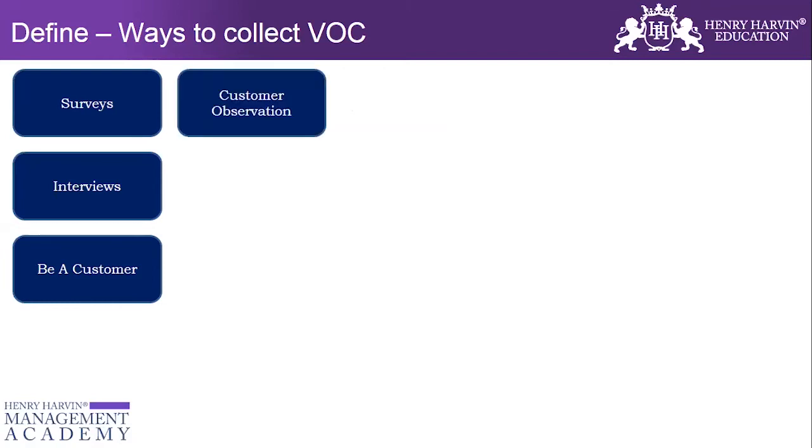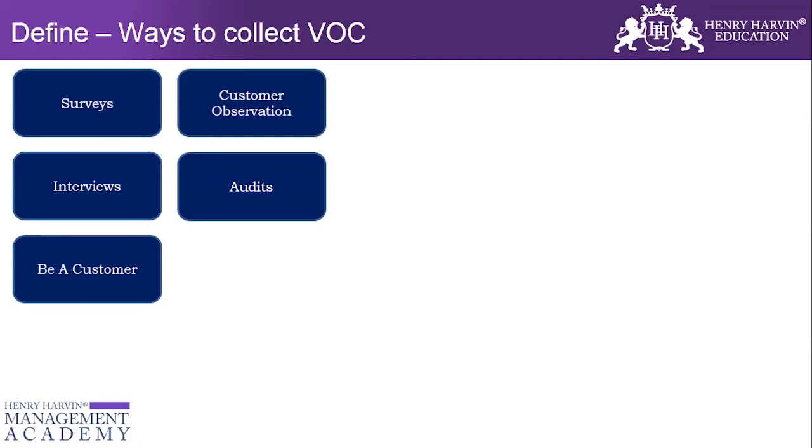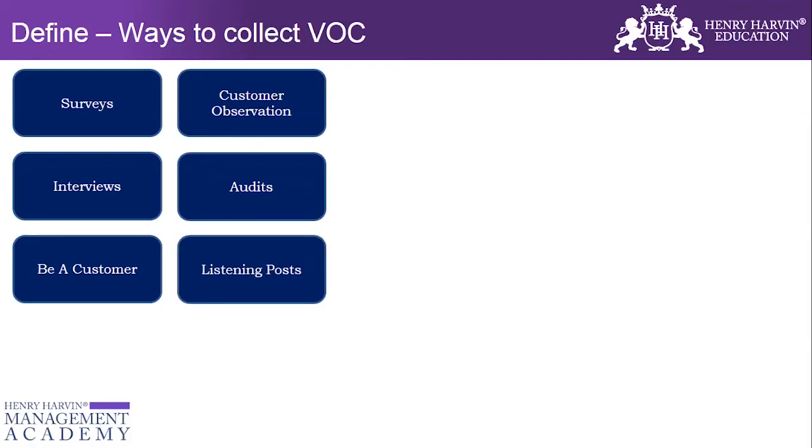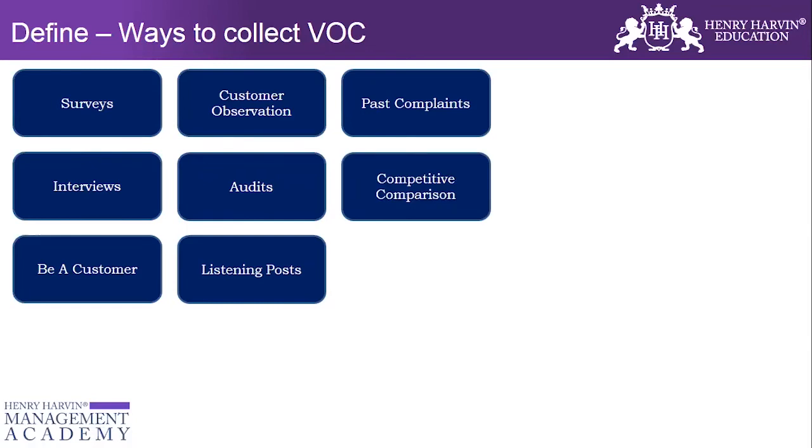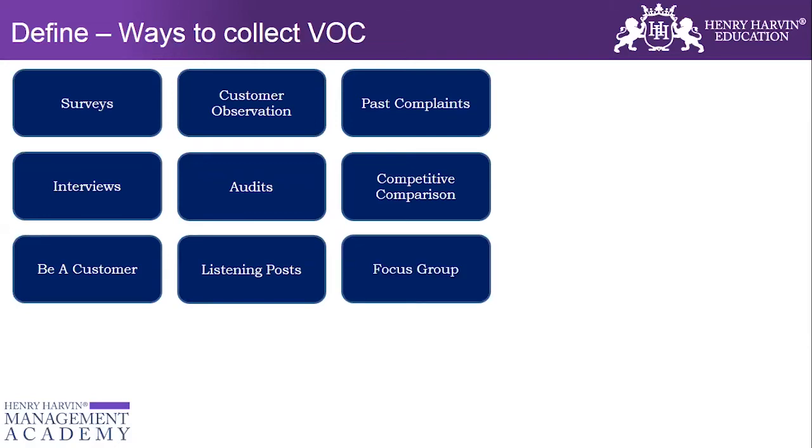Okay, how the surveys can help to collect VOC: the customer observation, interviews, there are some audits happening, and there are listening posts. Okay, so you can see it's there. For survey, there are complaints. For interviews, there's a comparison of how the other companies are doing, and there's a focus group also.